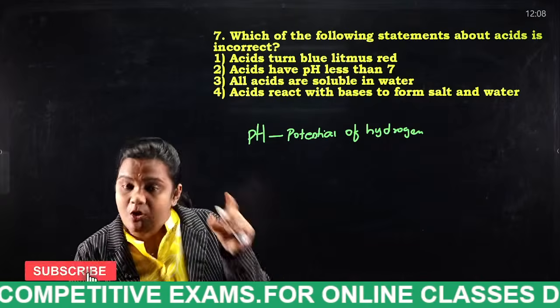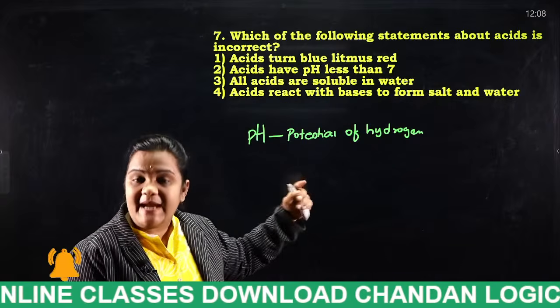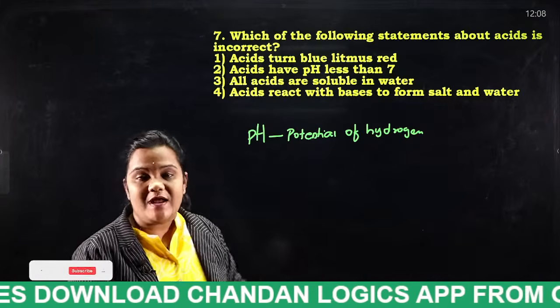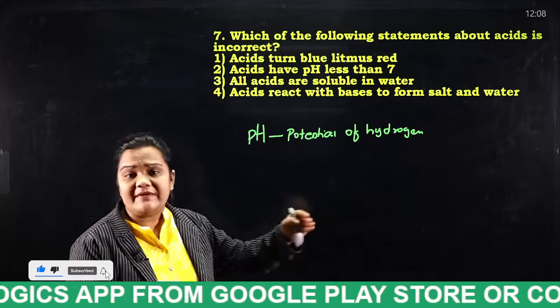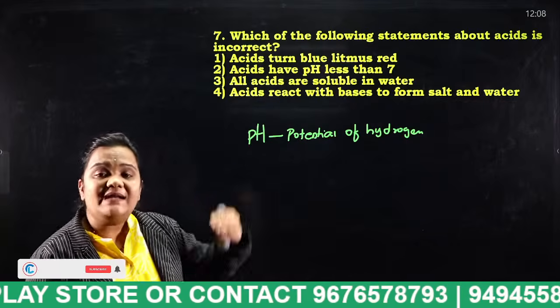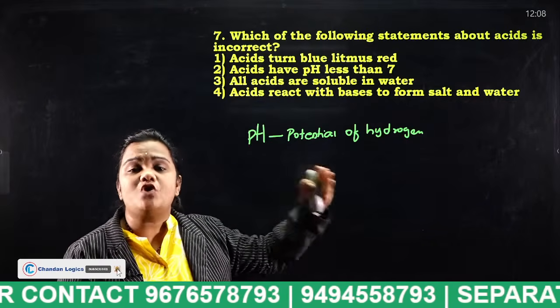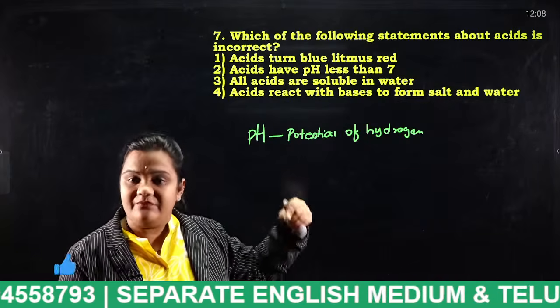Just remember the formula. If you remember this particular formula, and you get any question regarding this pH value, you can easily solve it. So, in the problem, what will they give? They will give the pH value of a certain acid, and they will say that that acid is diluted 100 times. So, in that case, how do we solve that problem?